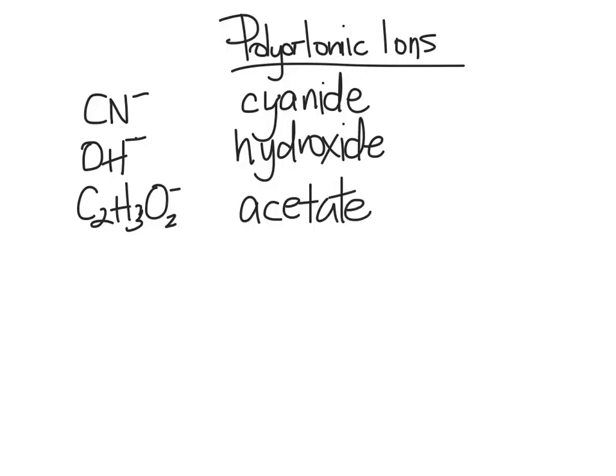How many hydrogens did each one of these lose? One. So this could have come from HCN, which is hydrogen cyanide. This one could have come from HOH, which is water, H2O, the exact same thing as H2O.